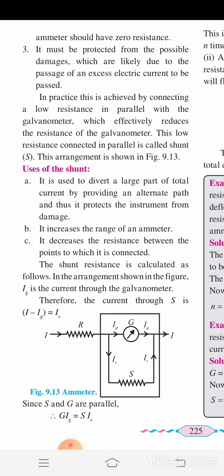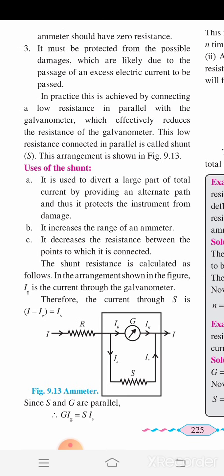To decrease the resistance where we have to measure the current, we use the shunt. Thus shunt resistance is calculated. This shunt is very useful to convert MCG into the ammeter. This shunt resistance, which has a very low resistance value, is calculated as follows.